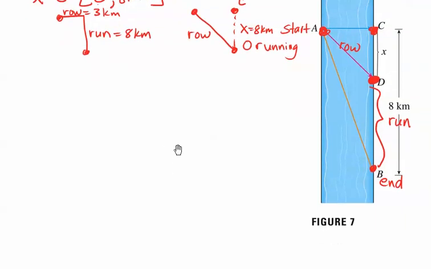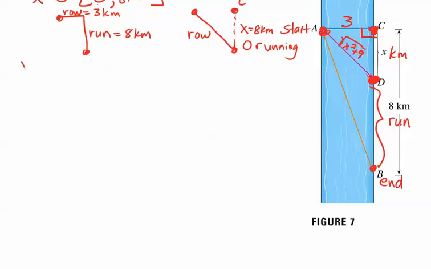Well, let's put a little bit more work now into our diagram. So we're letting this represent any hypotenuse. So if he lands x kilometers downstream, we know the distance across the river is 3. So we see a right triangle. We know that his rowing distance would be the hypotenuse.